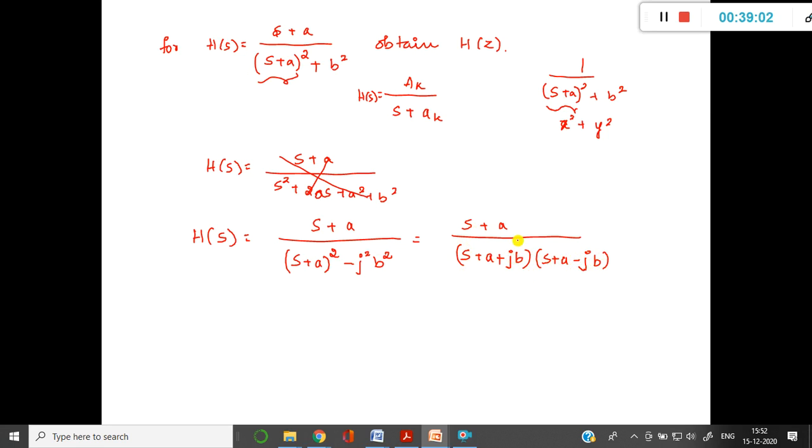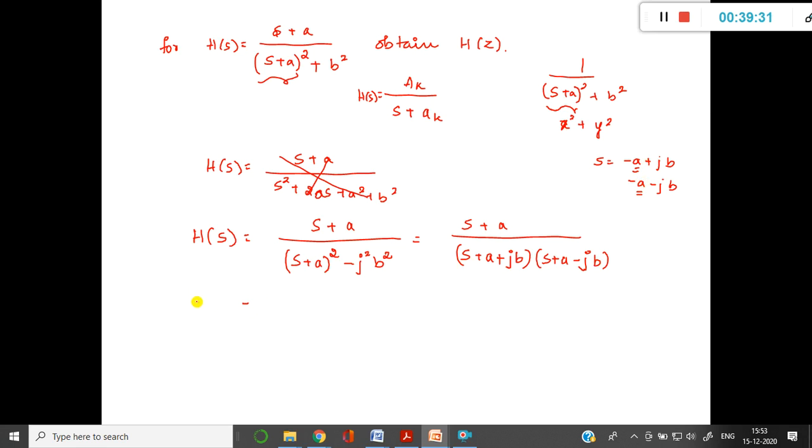So now you have it in terms of the roots of the characteristic equation. One of the poles lies at minus a plus jb, and the other pole lies at minus a minus jb, right? Both poles have real parts on the left hand side, hence the system must be a stable system. That is for sure.